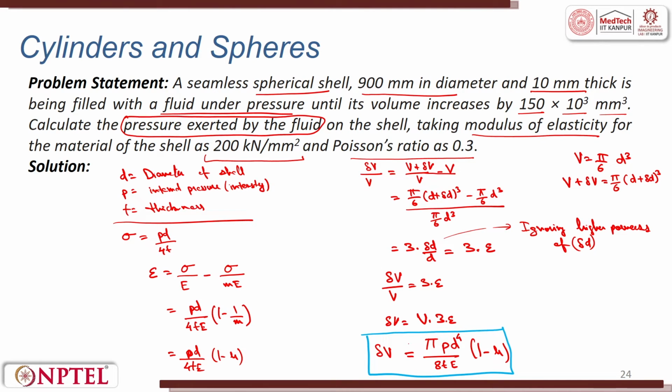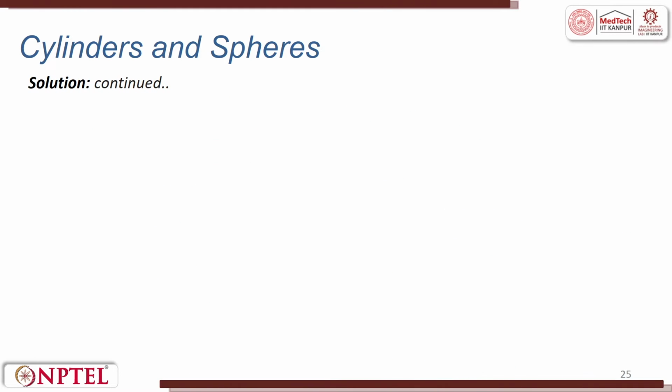A seamless spherical shell, 900 millimeter diameter: D is 900, T is 10, and delta V is 150 into 10 raised to power 3 millimeter cube. Modulus of elasticity is 200 kilonewtons per millimeter square. Poisson's ratio is 0.3. So, we have D equal to 900 mm, T equal to 10 mm, delta V equal to 150 into 10 raised to power 3 millimeters cube.